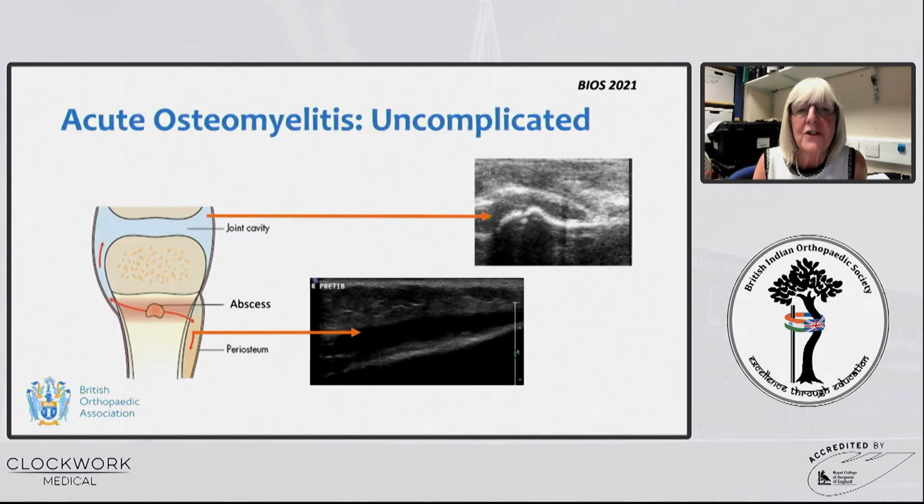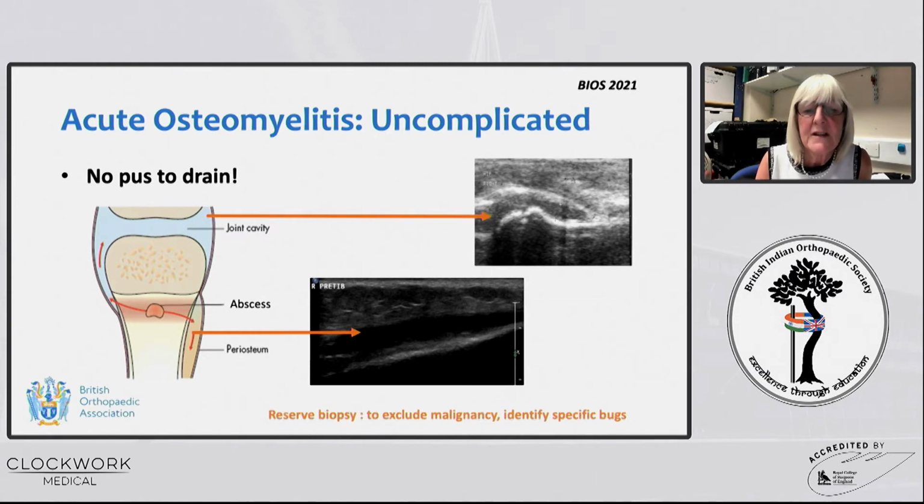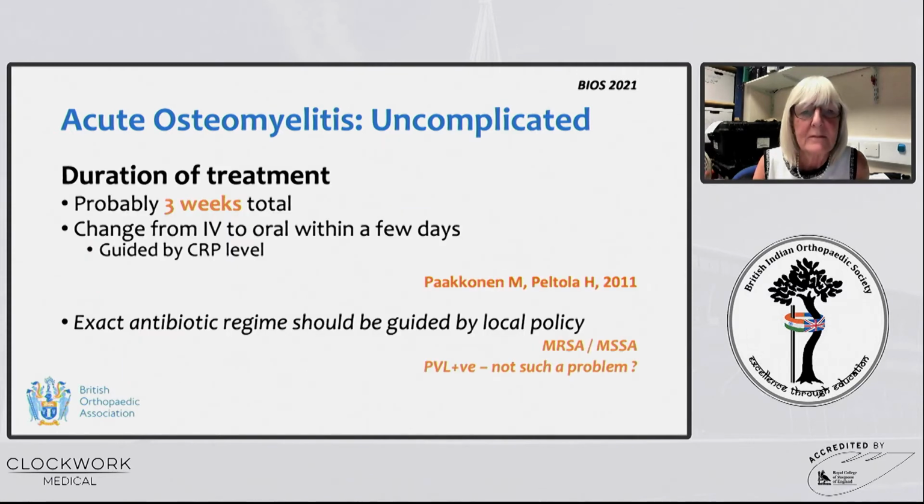But if it's an acute, uncomplicated osteomyelitis, there is no pus to drain and no pus to sample. Yes, you could aspirate the cancellous bone, and yes, you might grow something, but on the whole, we tend not to do that. So we reserve the biopsy in osteomyelitis to exclude malignancy, or maybe to identify the specific bugs in the atypical case, which I mentioned earlier.